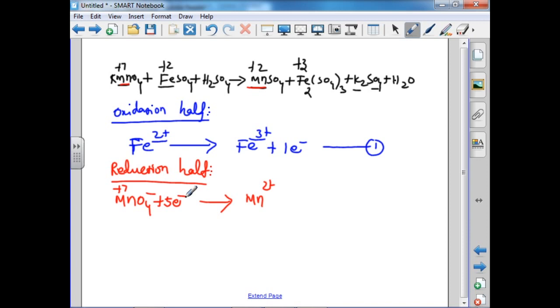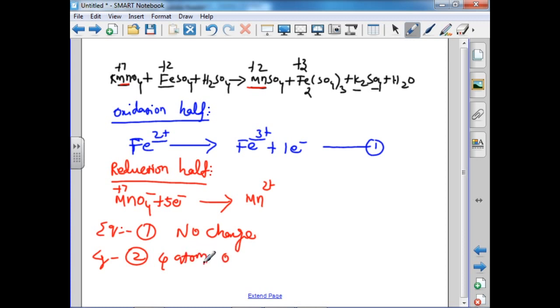The next step: balance the atoms and the charge on both sides. Equation number 1, no change, but equation number 2 has some changes because there are 4 atoms of oxygen on the reactant side.